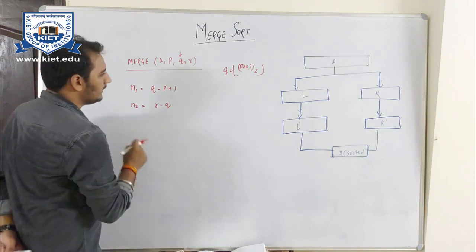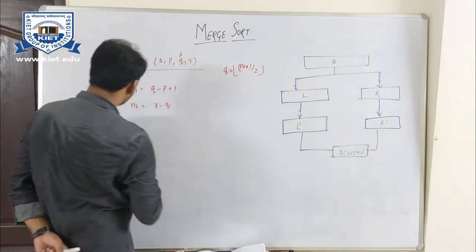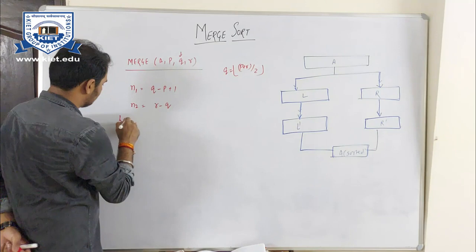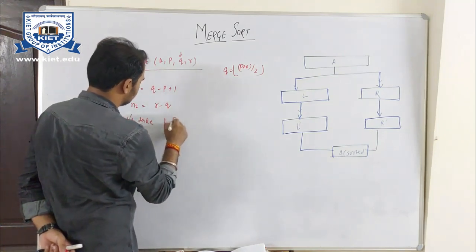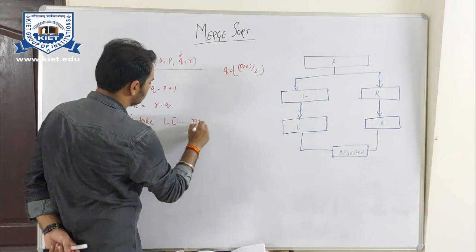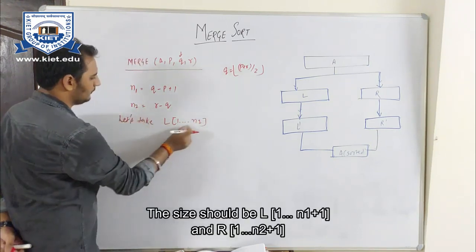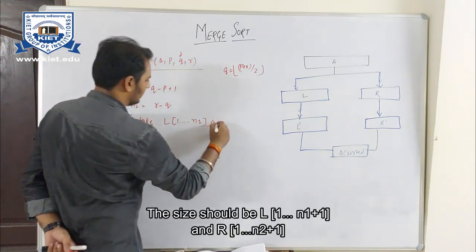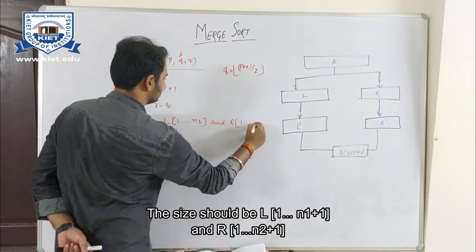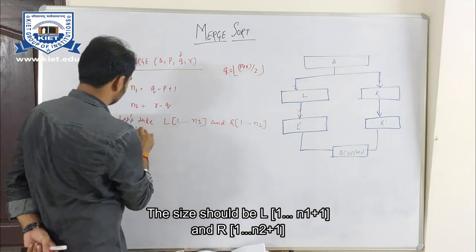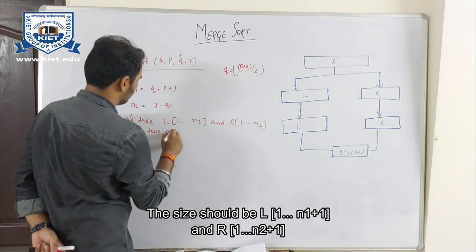Now let us take two auxiliary arrays. Let's take L from 1 to n1, the size, and R from 1 to n2, be two arrays.